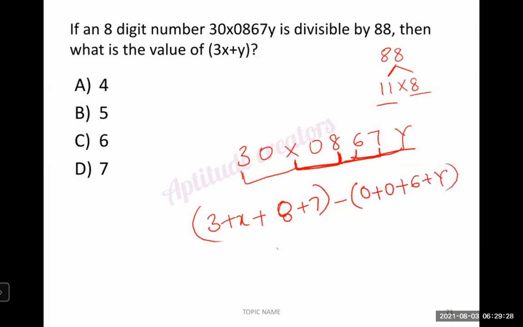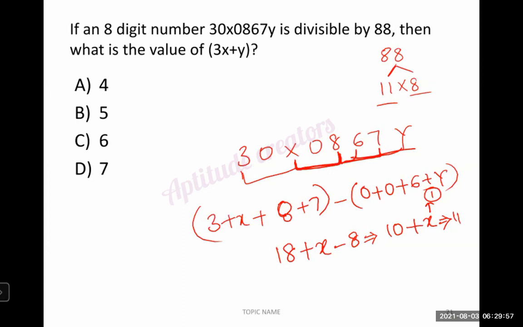Now here 18 plus x minus 8 is equal to 10 plus x. 10 plus x, yes, divisibility rule for 11, that is alternative digits. Now if I'm considering x is equal to 1, then 11. Yes, 11 is completely divisible by 11, right? Now x is equal to 1.